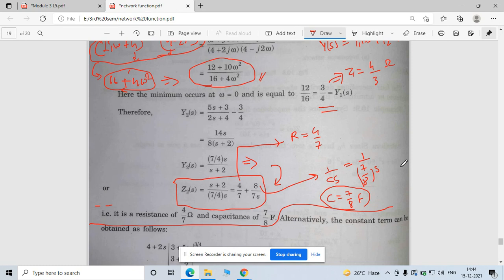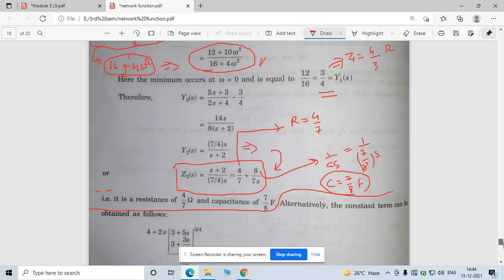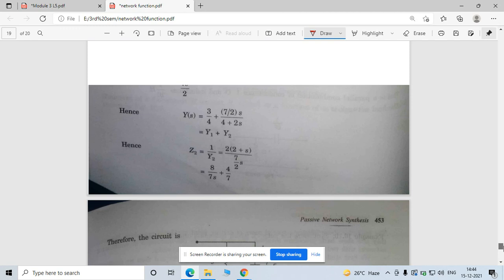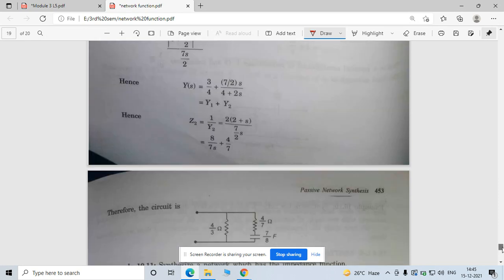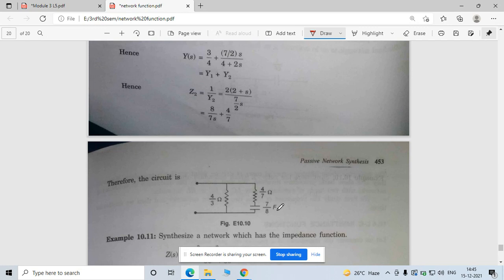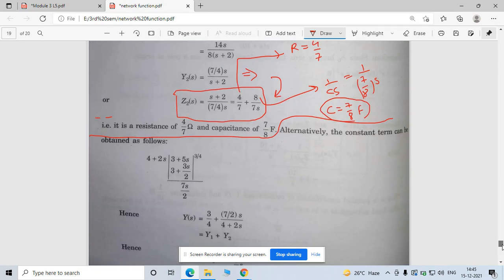Now see, this all are impedance value, right? So it is better to represent the circuit in impedance format. So when you see the circuit, now see, this is a parallel combination of this. Okay, so here only the admittance format is given, but you can also represent that circuit in impedance format.